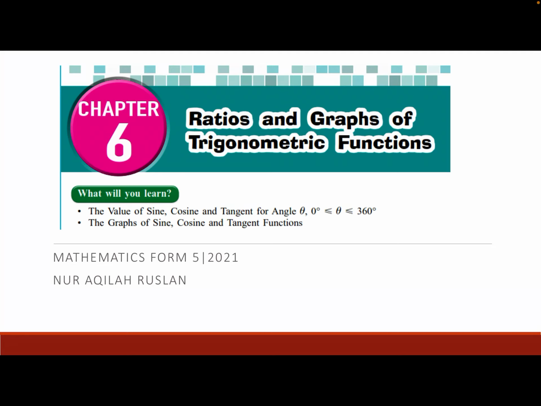Okay, basically, why do you study this chapter? When are you going to use this chapter in your future? So engineers use graph of trigonometric functions in the construction of concert halls to measure sound strength so that the sound is clearly heard. Okay, so another career that is using trigonometric function is geologists.